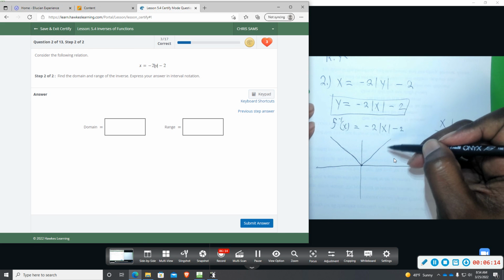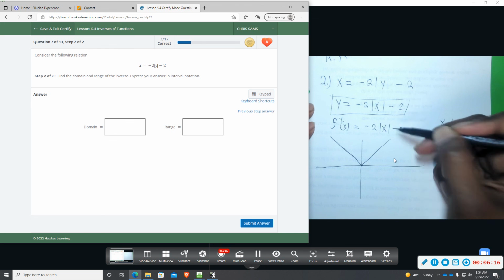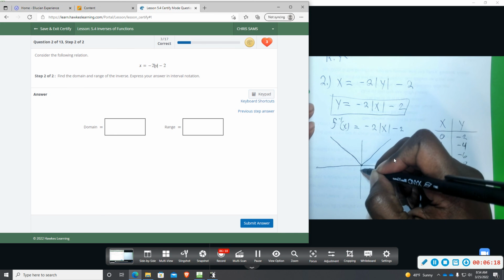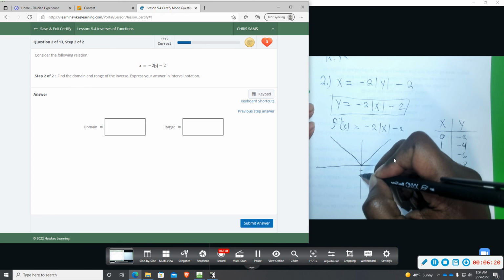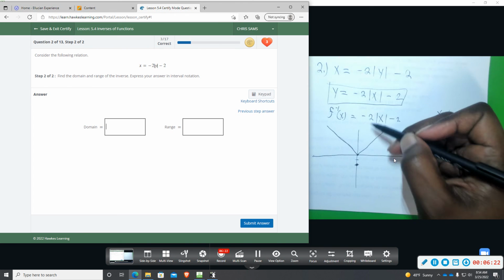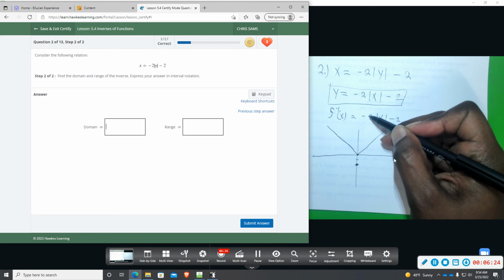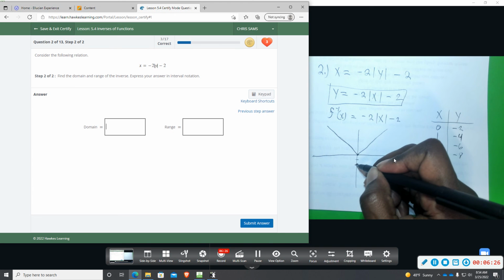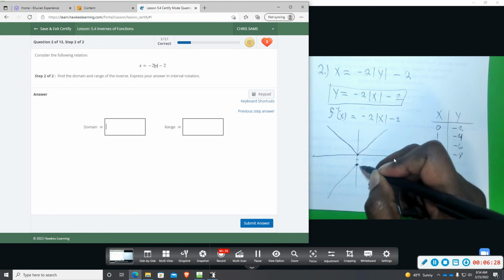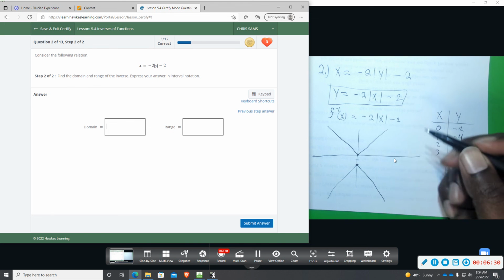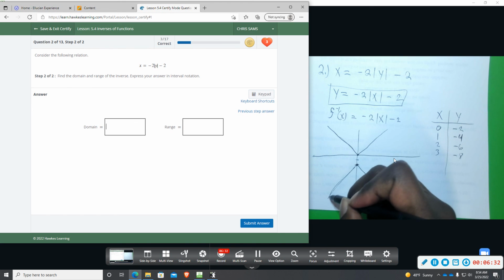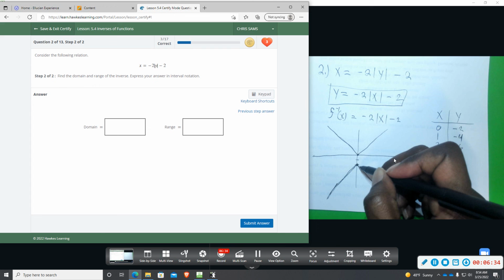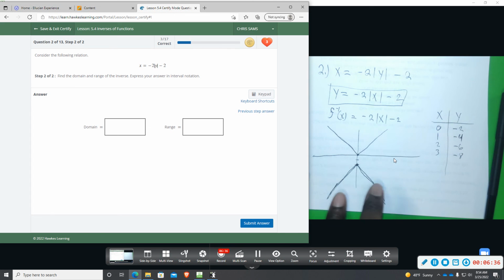What happens here, this minus 2 will move this graph down 2 units, so it would start here at negative 2. And this negative 2 out front would flip it. So instead of going up, your graph of the absolute value, the V shape, would now be going down. So this is what it would look like.